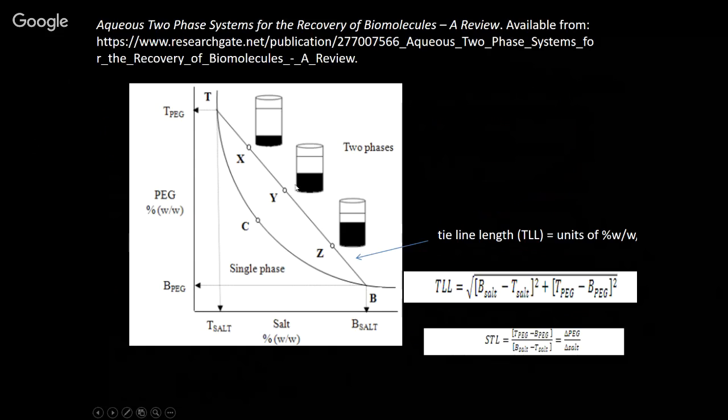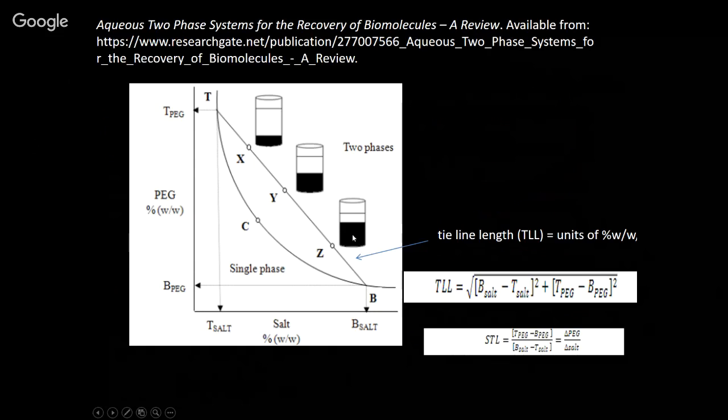As you can see for X, Y, Z, the concentration of PEG in the top, the concentration of PEG in the bottom, and the concentration of salt in the top and in the bottom are very different. If you take this Z point here, this will have more salt.